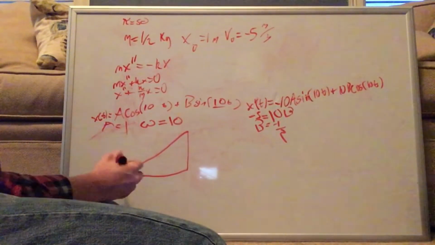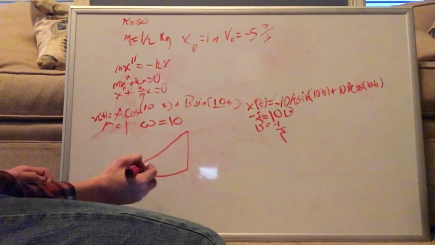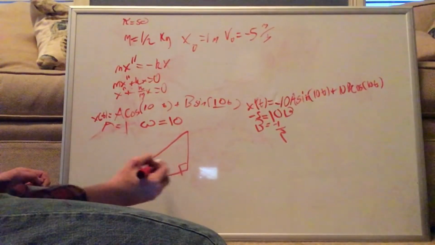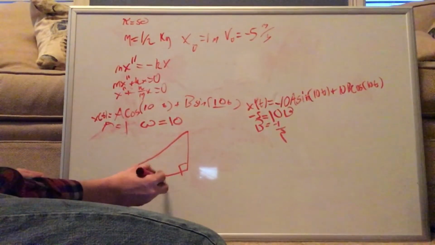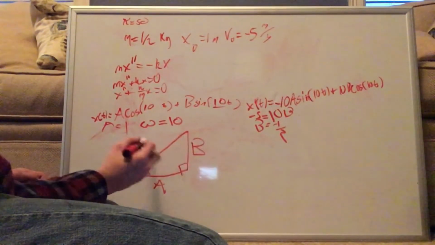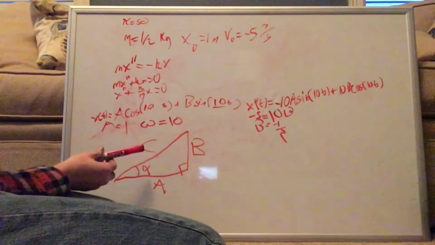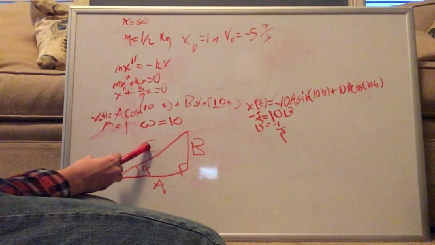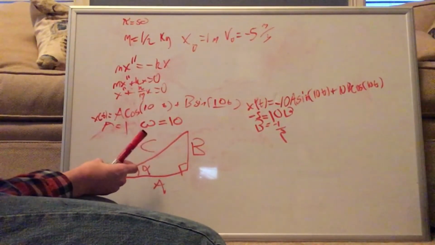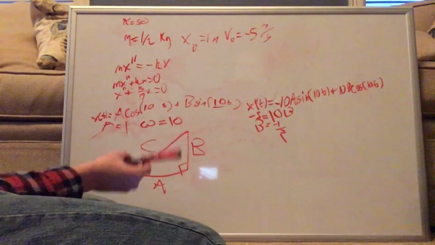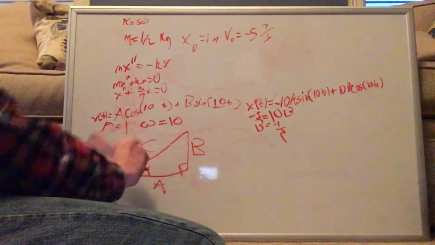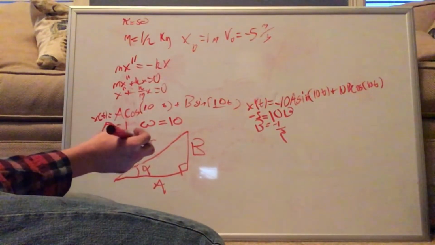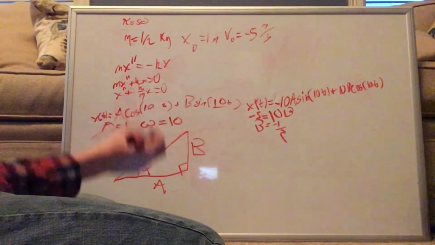You imagine a right triangle with an angle here, that is alpha, and then this leg is A, this leg is B, and this leg is C. And as it turns out, C is the amplitude. When I first saw this, I thought maybe A and B are rotated. No, it's not quite. But I'll explain it later.